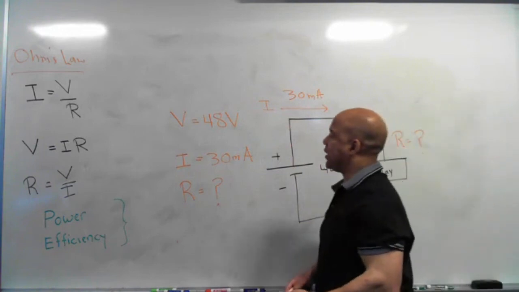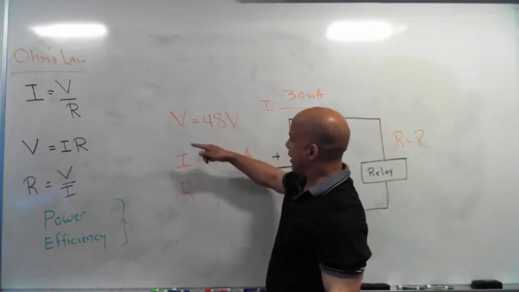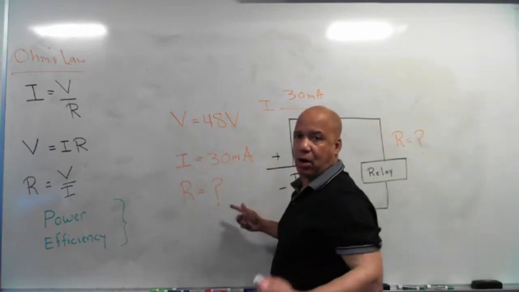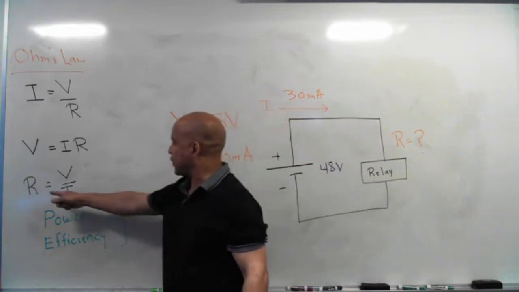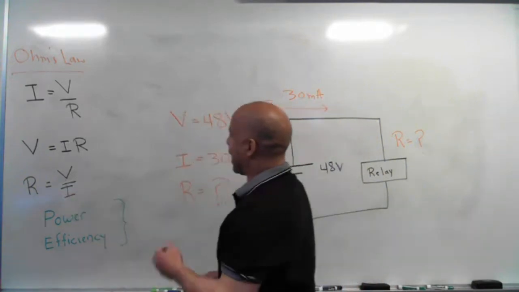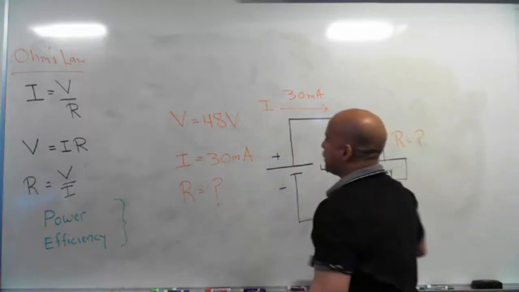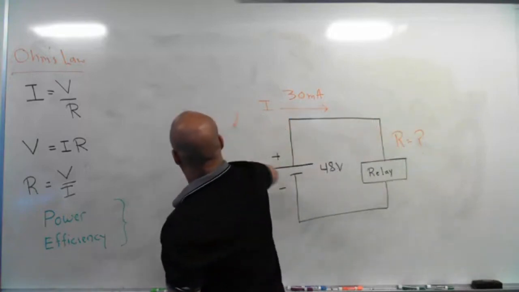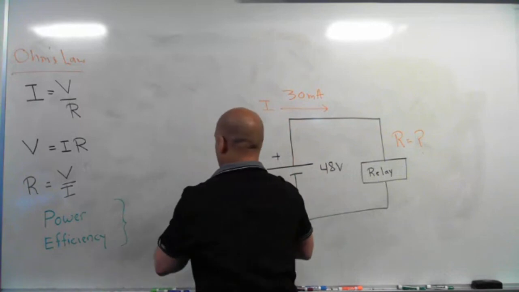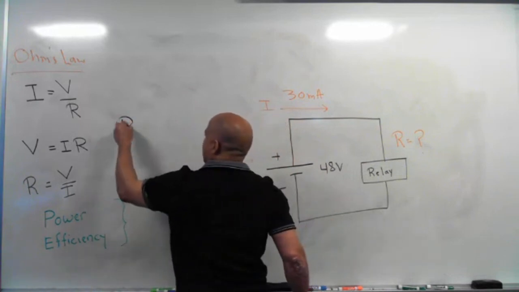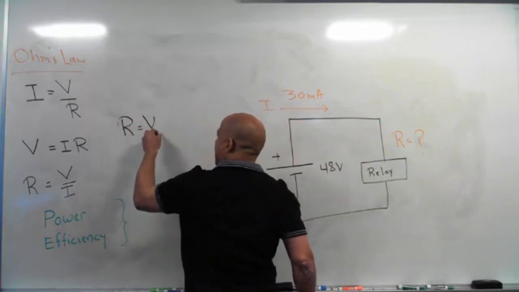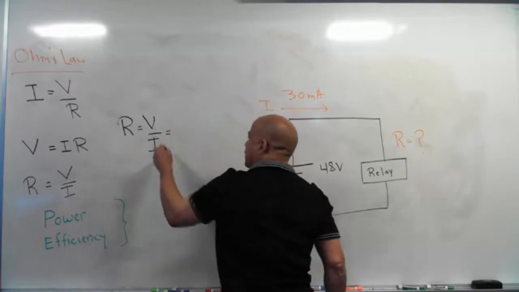So I have my list here. I got V, I got I, I need R equals something. Well, R equals is this one. I'm going to use the last form of Ohm's law to solve it. I'm going to first write my equation. R is V on I. I'll make my substitutions.